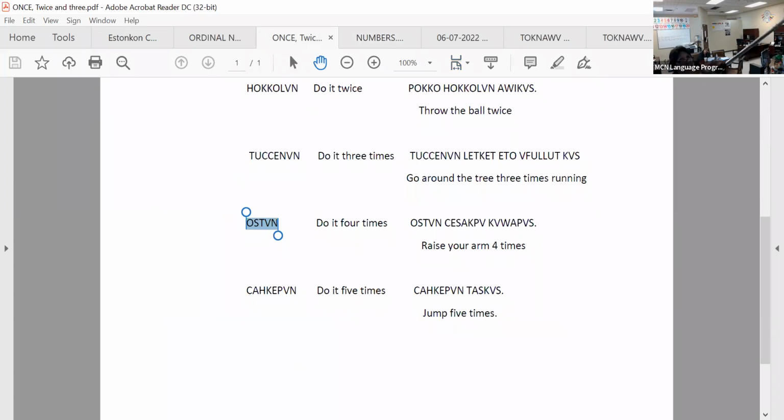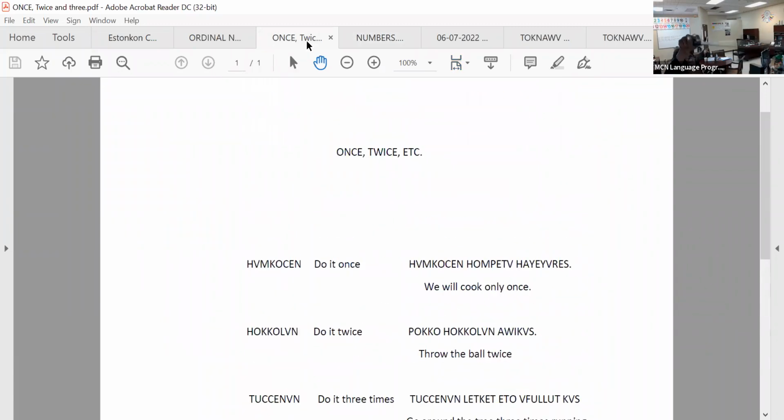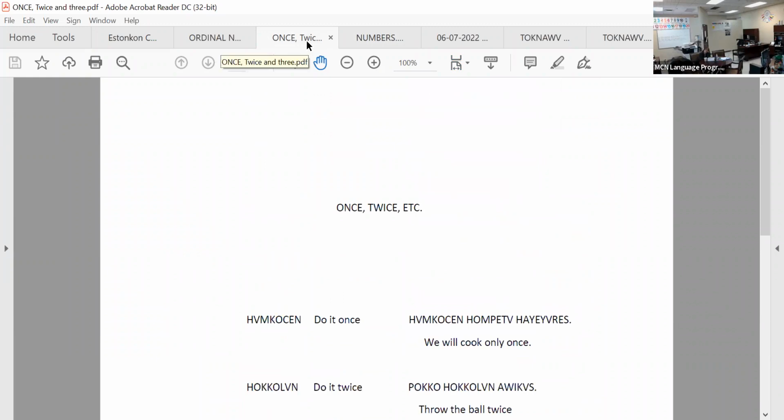Okay. Look there. Hamgojan, do it once. Hamgojan Humbira Hayatis. We will only cook once today. Do it twice. Hokolan. Boko Hokolan Awegas.